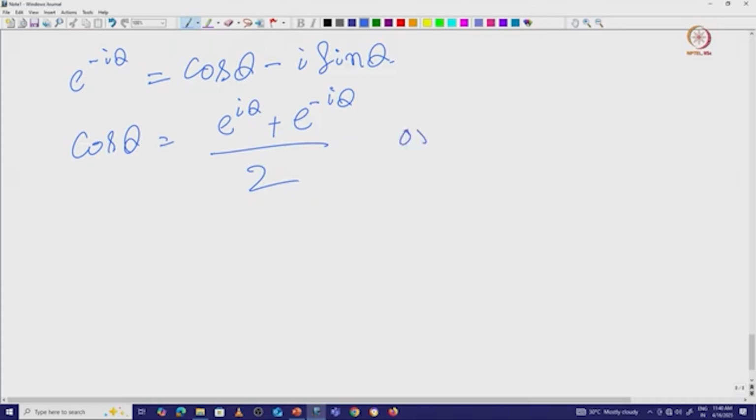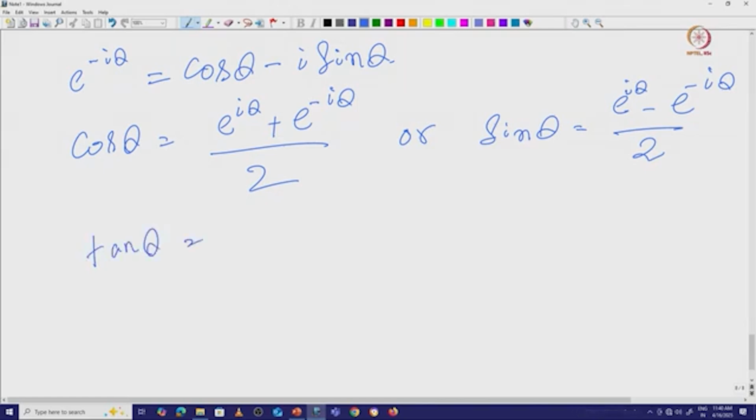Or if we want sin theta, I will use the different sign: e to the power I theta minus e to the power minus I theta, divided by 2I. And if this is true, we can get the angle also, tan theta: you just divide sin theta by cos theta.